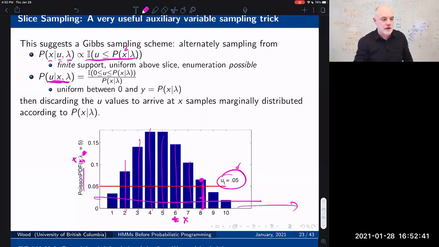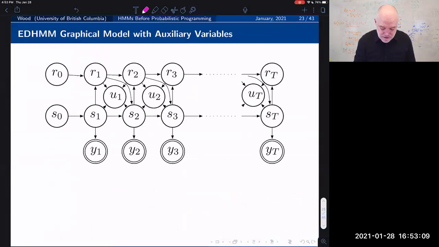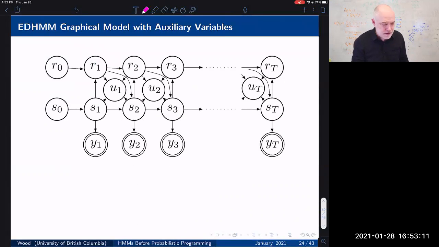All we're going to focus on is doing inference over the latent states Z, of which one component is this R. But the slice sampling thing is like you set a slice, you enumerate above the slice. In other words, you sample uniformly above the slice, and then you sample the slice conditioned on the density evaluation of the sampled x value, which is going to be R in just a second. Okay, crazy. I can see that we're not entirely getting this, but that's okay.